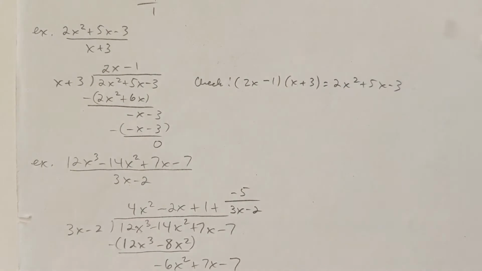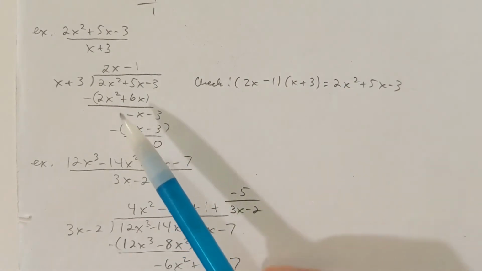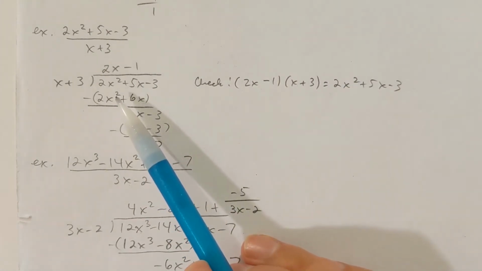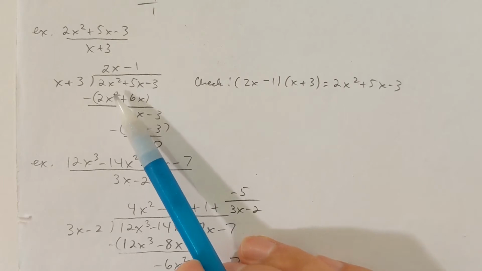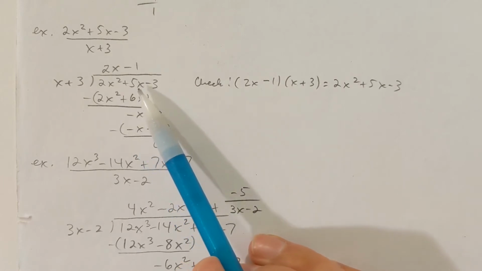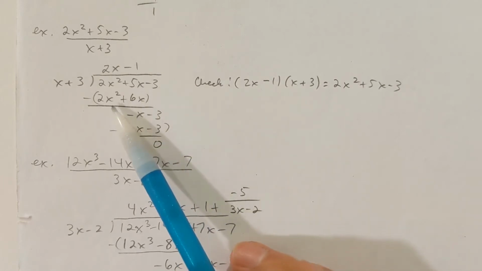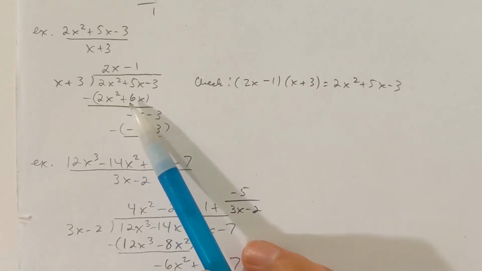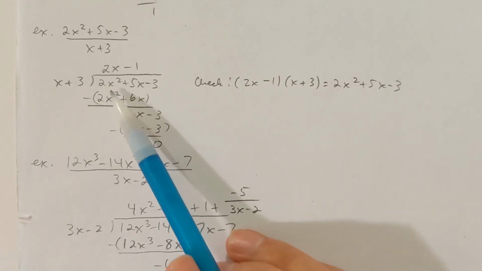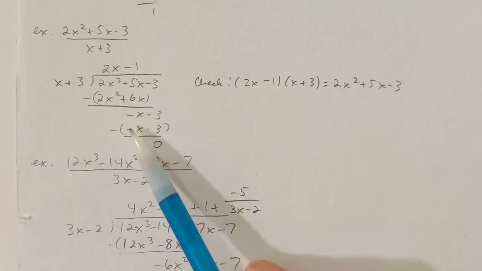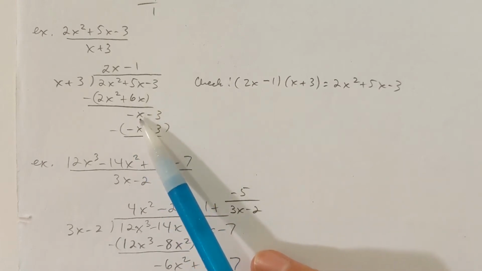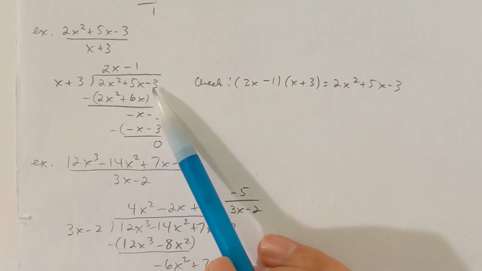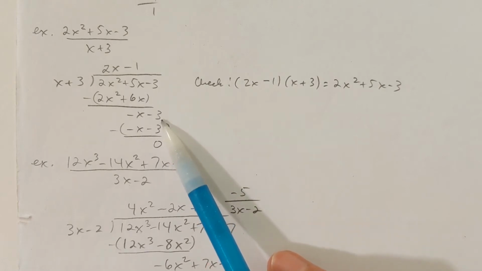Plus 6x. And just like with numbers, I want to subtract. 2x squared plus 5x minus 3 minus 2x squared minus 6x. 2x squared minus 2x squared, those are gone. 5x minus 6x is negative x, and I can bring down the minus 3.